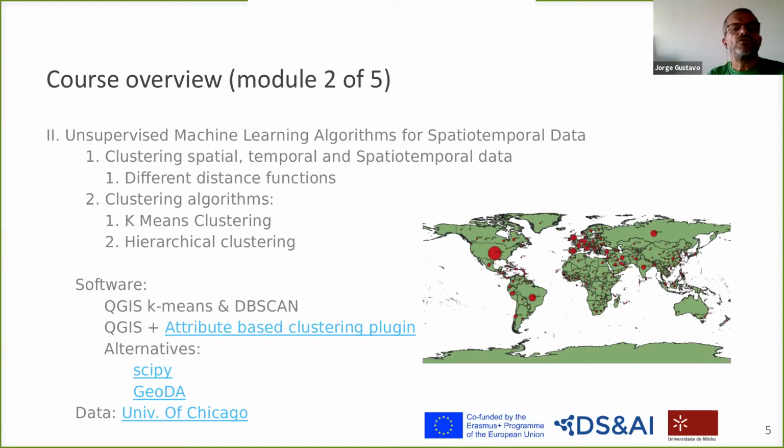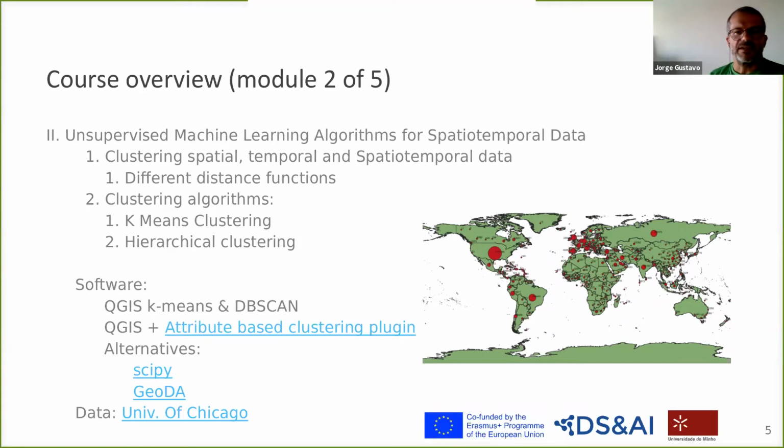And we can also use simpler algorithms just based on attributes for clustering, for k-means clustering and also for hierarchical clustering.